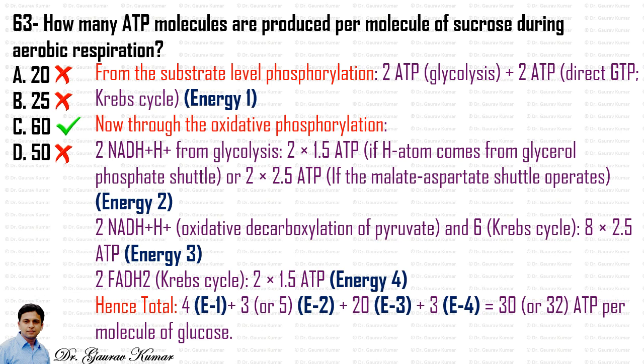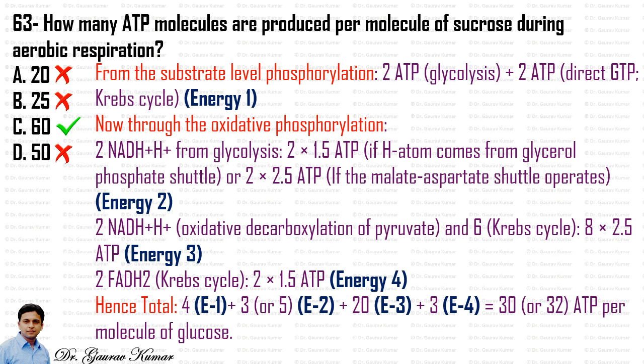So in that case, it will be 2 into 2.5 ATP. This we consider as energy 2. Now 2 NADH H positive come from oxidative decarboxylation of pyruvate and 6 in the Krebs cycle. So the total becomes 8 NADH H positive, which multiplied by 2.5 ATP is energy 3.